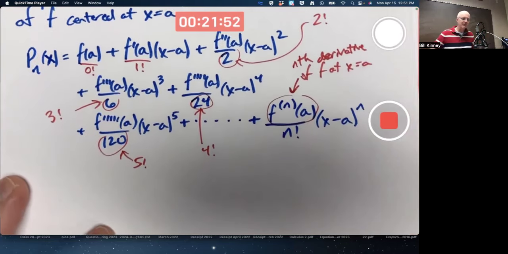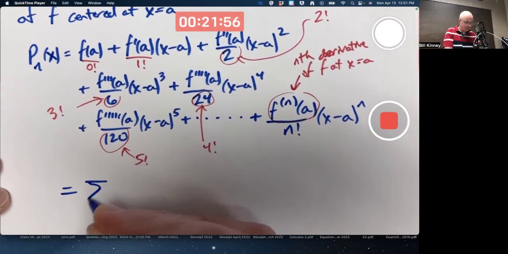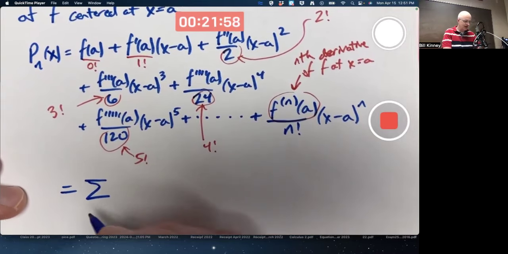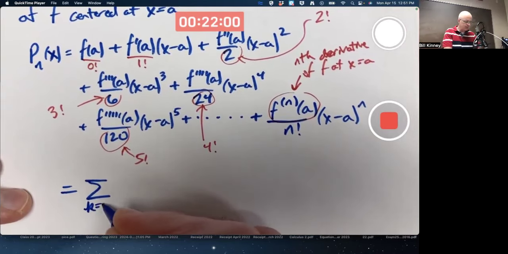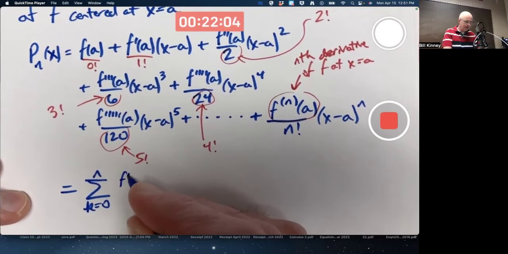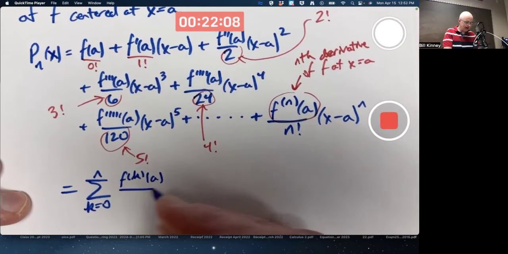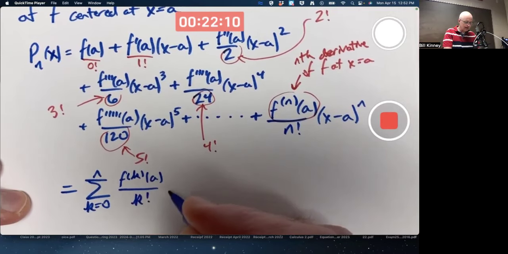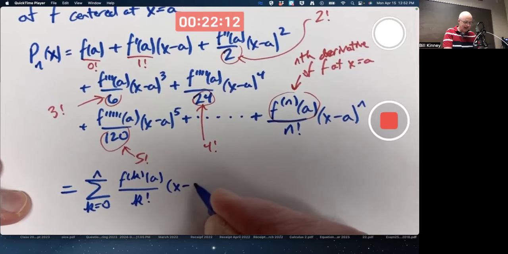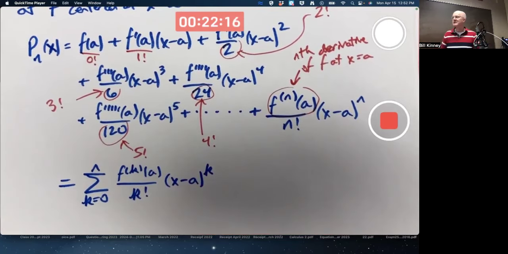And so we could write the general pattern in summation notation. Summation, k goes from 0 to n, of the kth derivative of f at a divided by k factorial times x minus a to the k power. Including the case where k is 0, you're dividing by 0 factorial, which is 1.